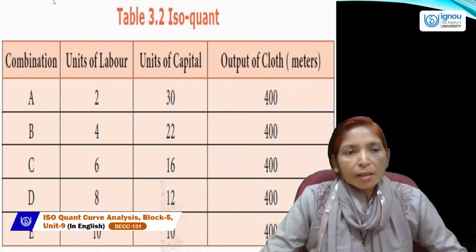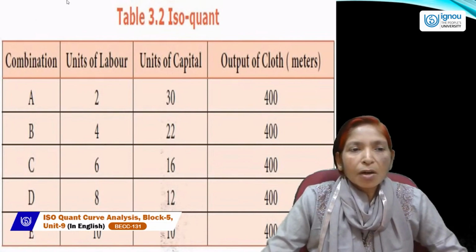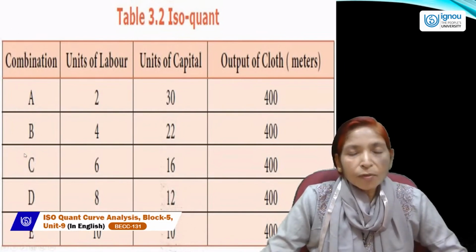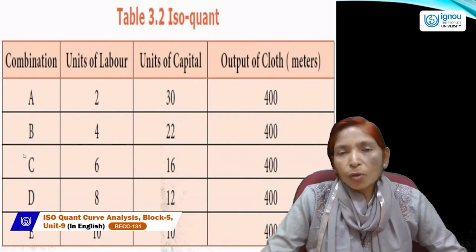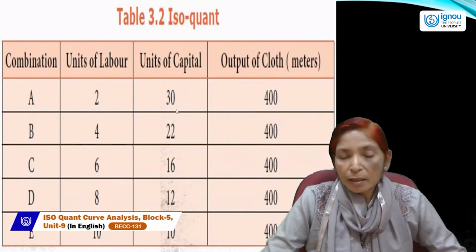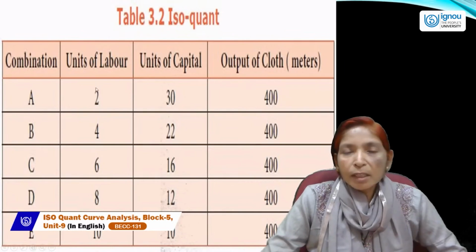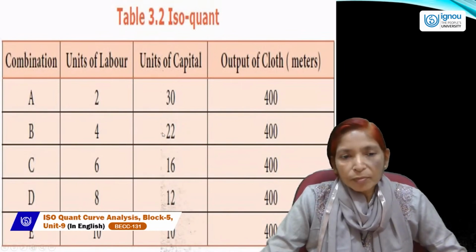In this table, the first unit of labor is 2. When we are using fewer units of labor, we will use more units of capital, and here the capital unit is 30. If we increase the units of labor from 2 to 4, then the capital unit will fall from 30 to 22.